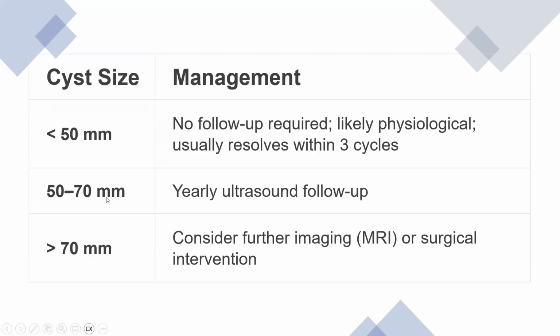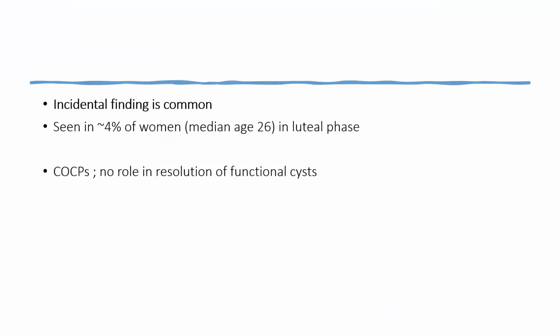If it is 50 to 70 mm, then yearly ultrasound follow-up is required. If it is more than 70 mm, then consider further imaging, MRI, or surgical intervention based on symptoms and clinical situation. Sometimes cysts are found incidentally, and in 4% of women, cysts are present in the luteal phase, which resolve.